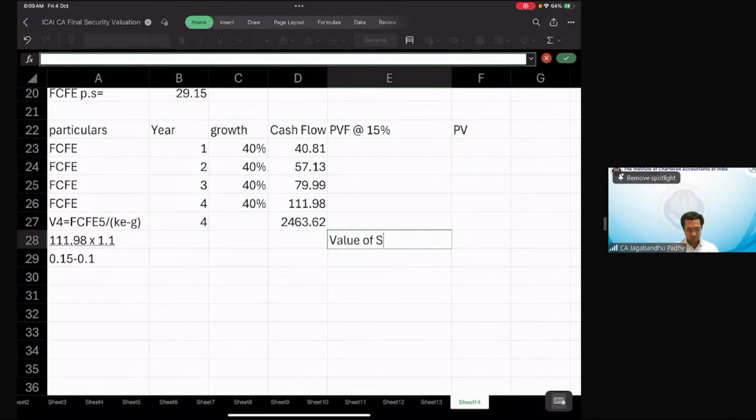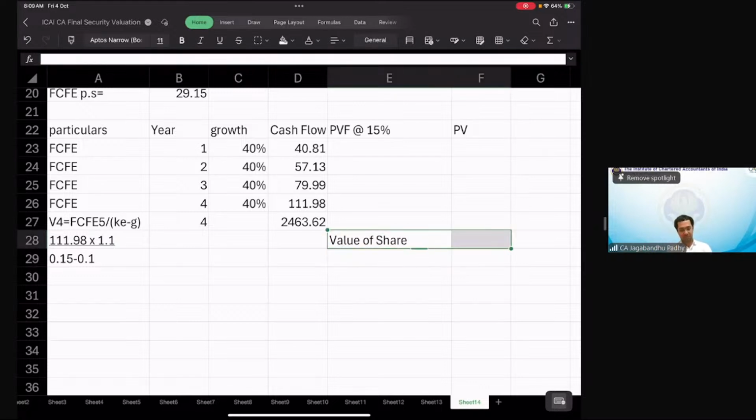Give me the value of the share, guys. I've given you the whole idea of what is to be done. You just need to calculate and give me the answers. Come on, solve it and give me the answer.